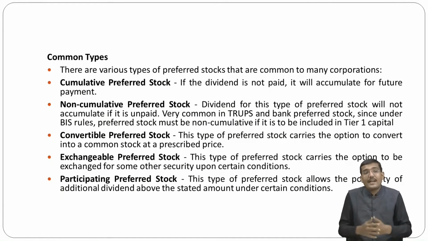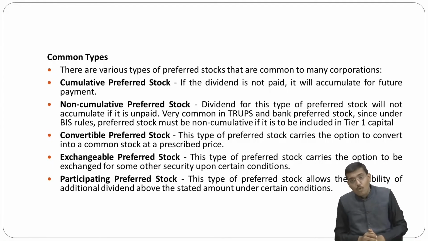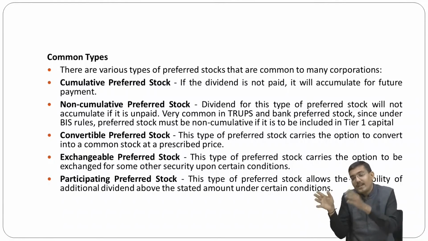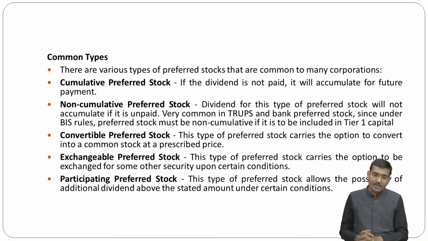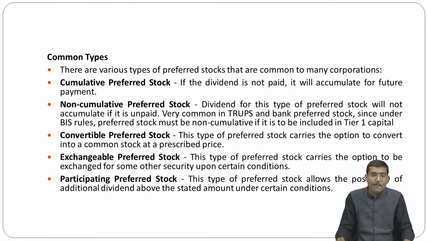Then participating preferred stock allows the possibility of additional dividends above the stated amount under certain conditions. So this is all about preferred stock and the different types of preferred stock.